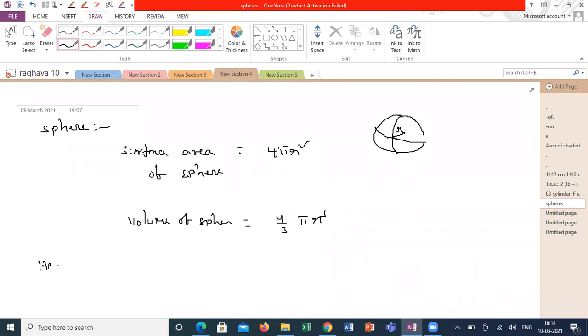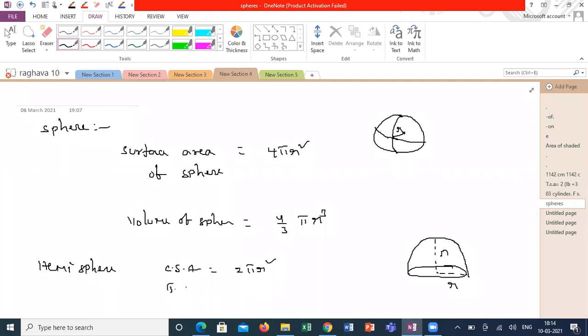Next one is hemisphere. Hemisphere has everything again. Curved surface area is how much? 2 pi r square.